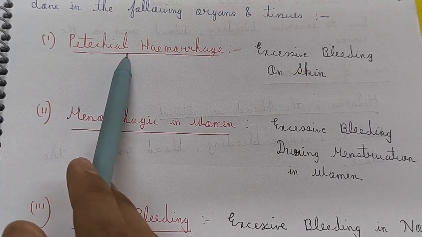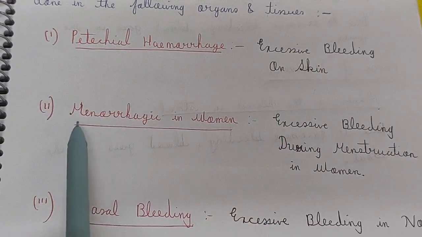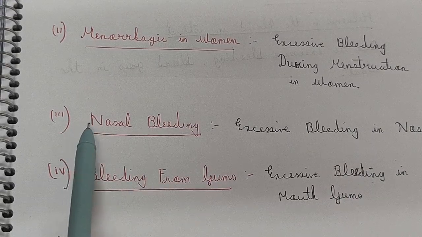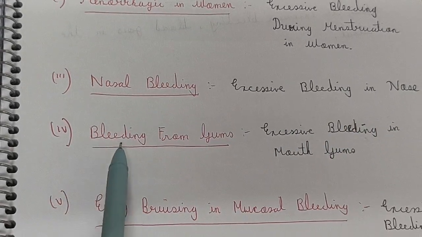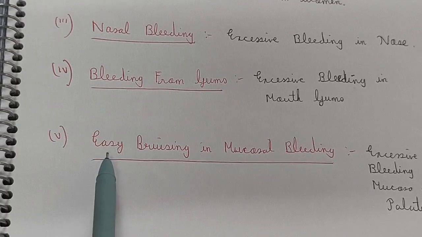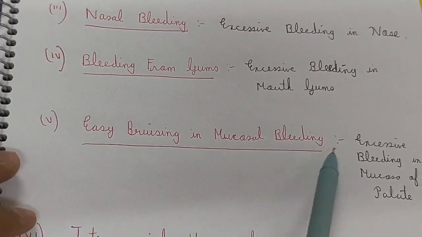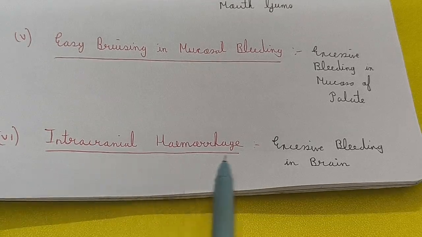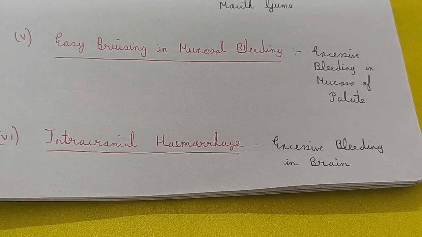The first one is petechial hemorrhage, excessive bleeding in skin. The second one is menorrhagia, excessive bleeding during menstruation in women. Nasal bleeding, excessive bleeding in nose. Bleeding from gums, excessive bleeding in mouth gums, and then easy bruising and mucosal bleeding, excessive bleeding in the mucosa of palate. And the sixth one is intracranial hemorrhage, excessive bleeding in the brain.